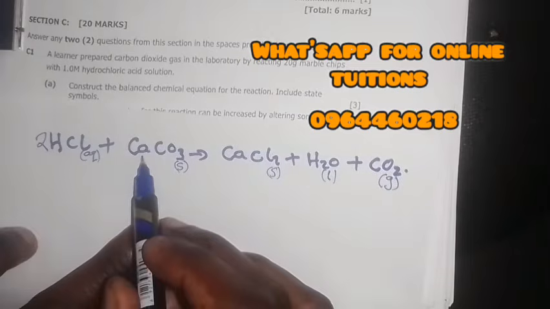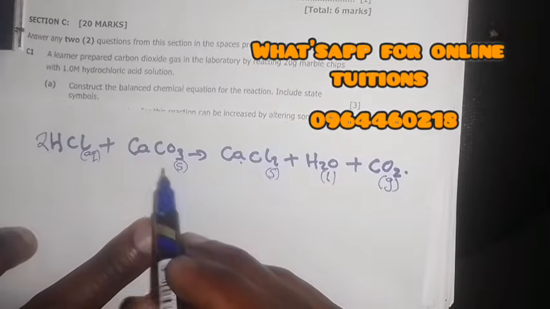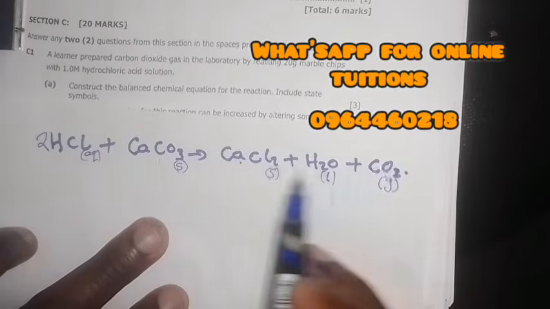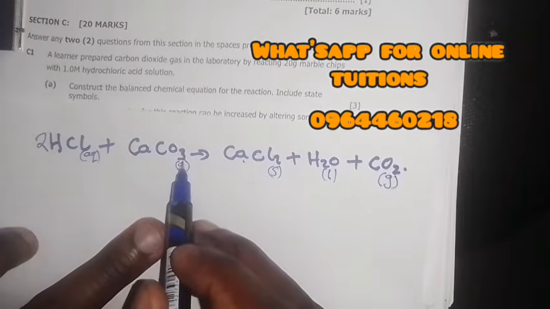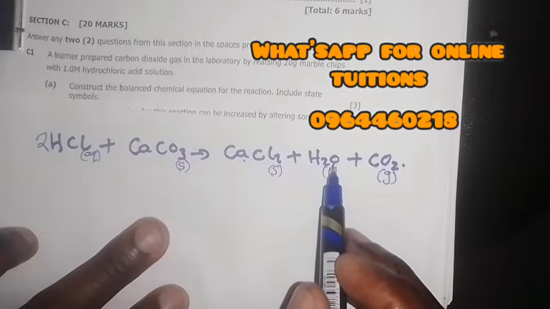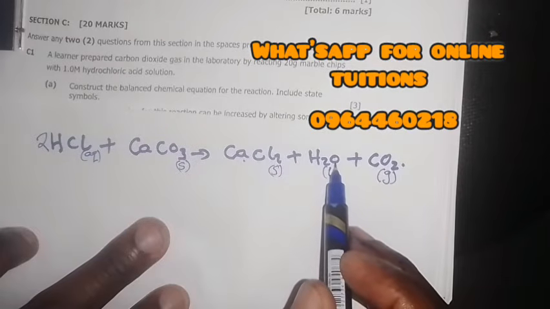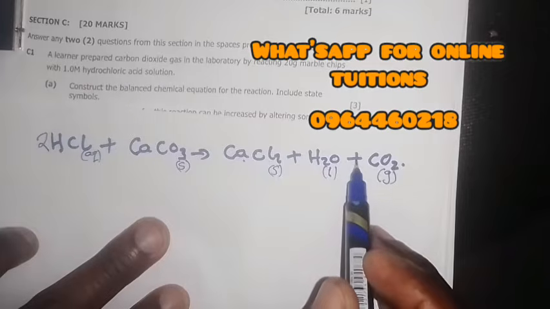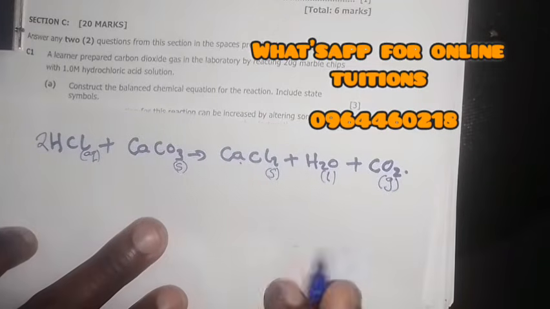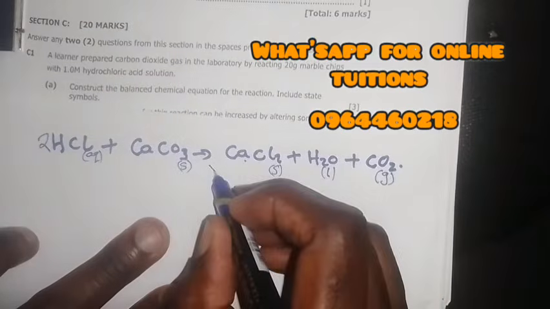And then calcium 1, that is balanced, carbon 1, that is also balanced, and then also oxygen 3 on the left, and then on the right we have this one from the water, 1 oxygen plus 2 oxygen, so that makes it 3. So this is balanced.